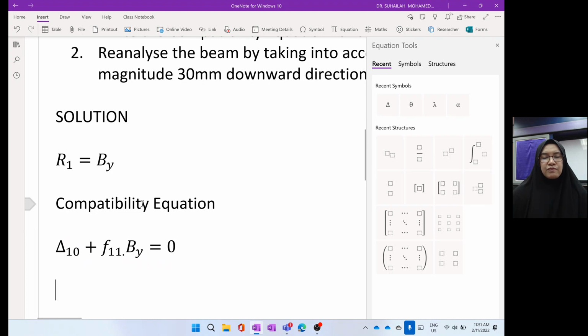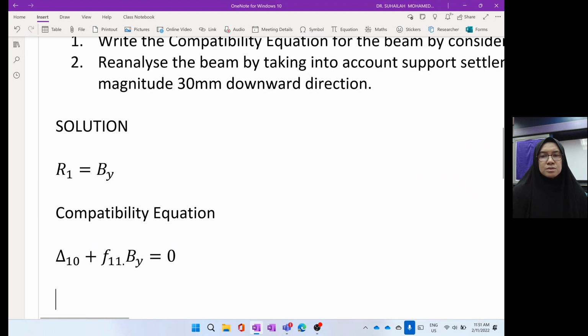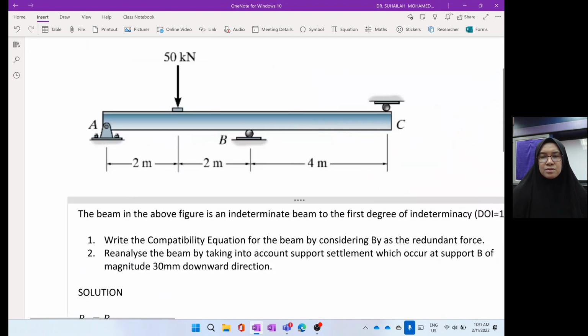So from this, we know that we have to have two systems.